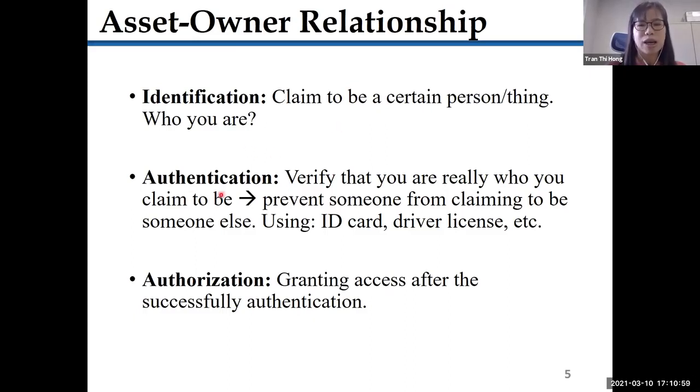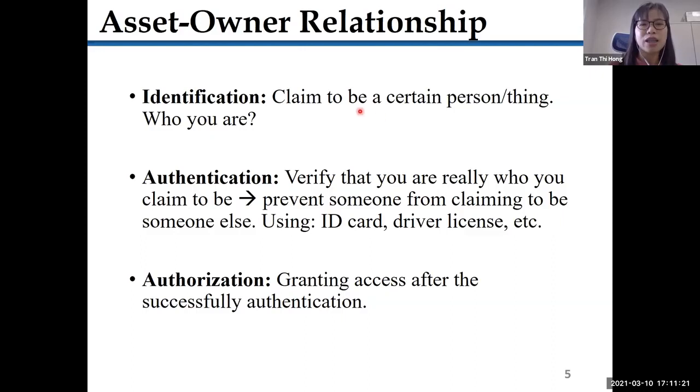Authentication means that others verify that you are really who you claim to be. And authorization means granting access after successful authentication. Let's say you buy an air ticket, and you want to go to the airplane.